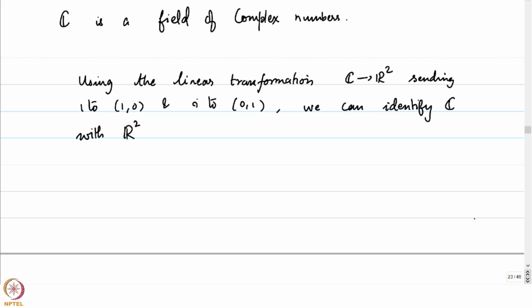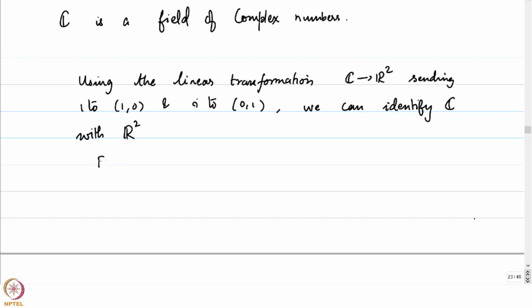And what will be the multiplication? Remember that R2 is just a vector space. There is no multiplication of two vectors in R2. There is a scalar multiplication which comes from the vector space structure. However, we don't know how to multiply two vectors here. Now we can define multiplication on R2.